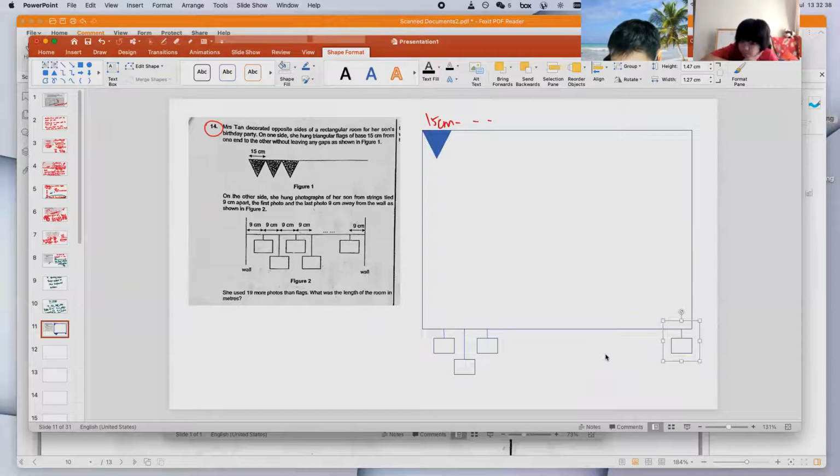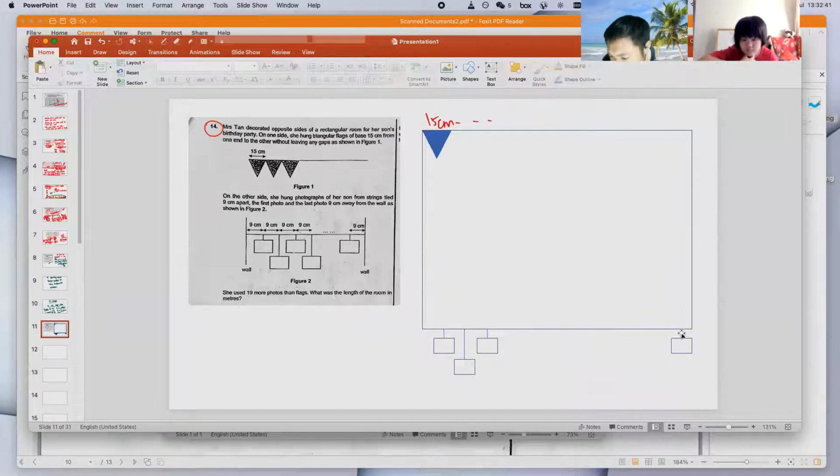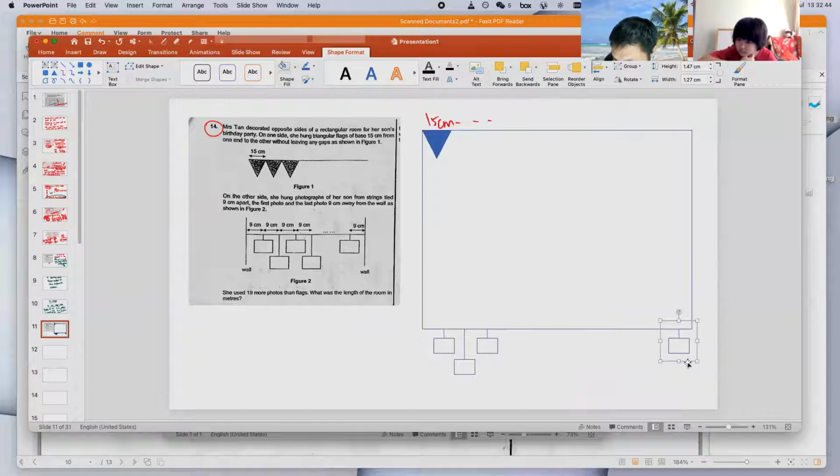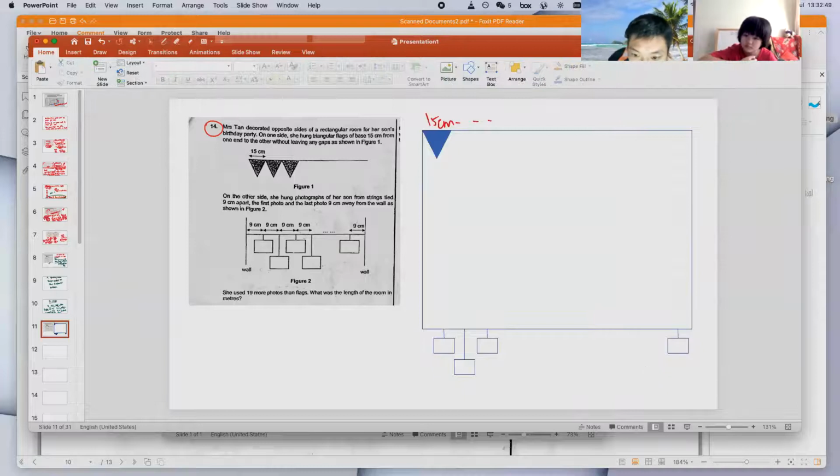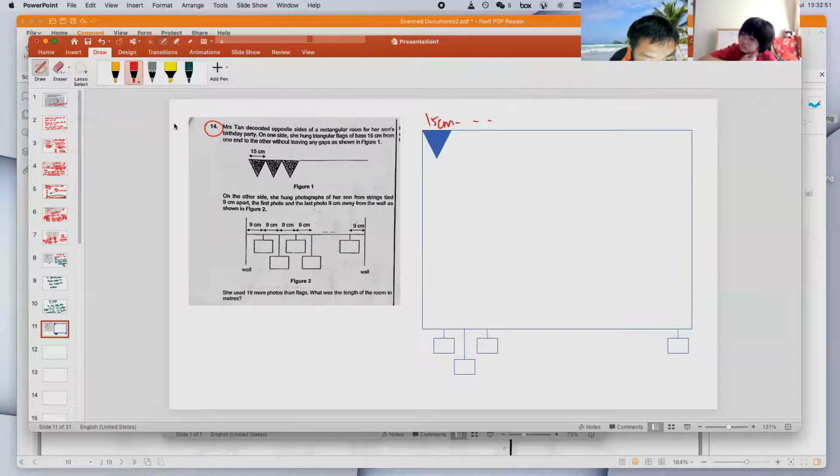Actually, this question I think Nancy also asked me before, but never mind. So what you have here is this. You have 9 cm here, then the next is 9 cm, then the next is 9 cm, and of course, you have a 9 cm here, the first and the last.